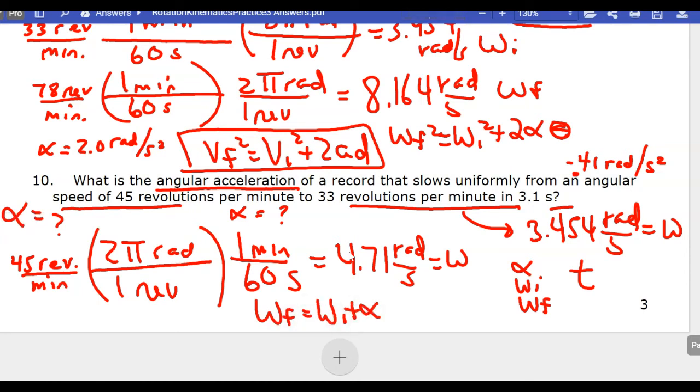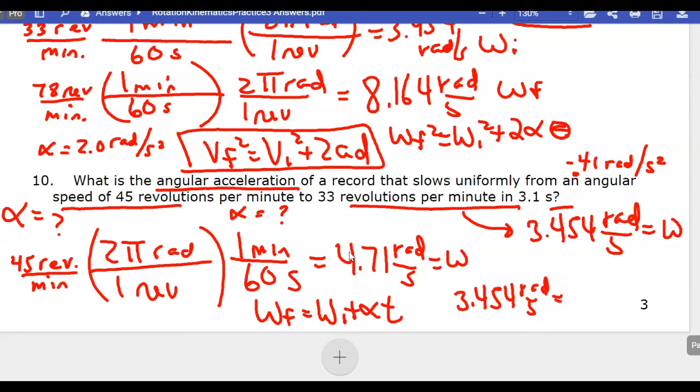Let me give myself some room. So the final is, well, this one's slowing down, isn't it? Its final is actually smaller. It's 3.454 radians per second.